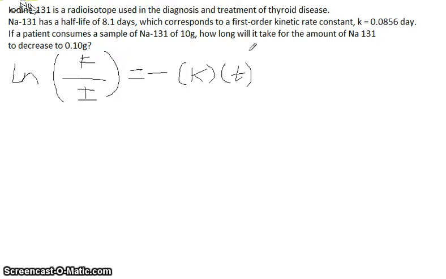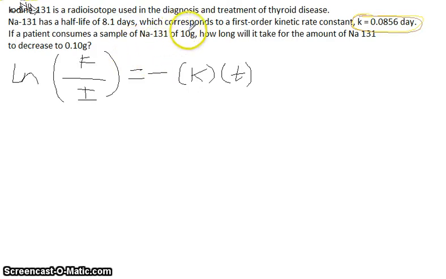So the first thing we need to do is find the essential parts of the problem. We want the kinetic rate constant, which is 0.0856 per day. So let's highlight that. What else do we want to know?